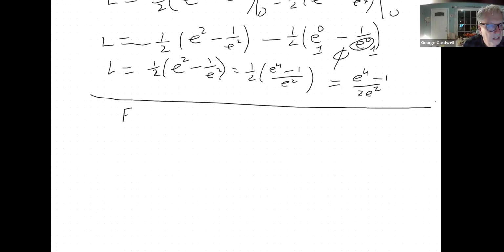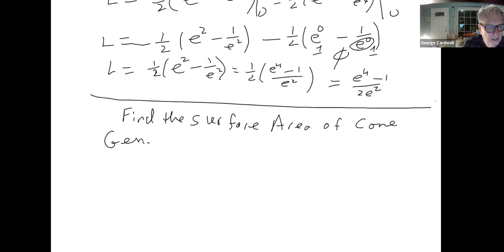So basically, I want to find the surface area of the cone generated by revolving the line segment y equals x over 2 from 0 to 4 about the x-axis.